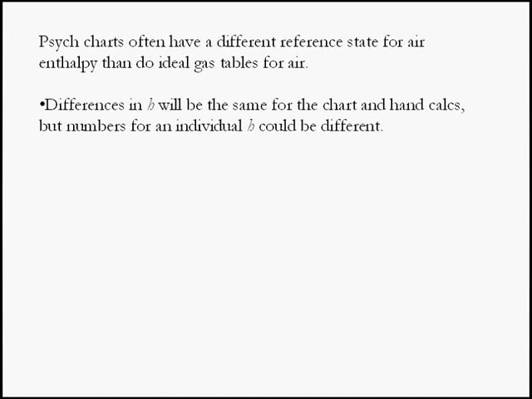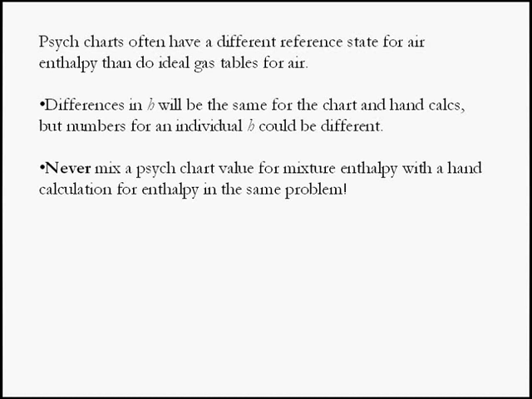So there's a huge moral of this story. If you calculate h2 minus h1 from the psych chart, you'll get exactly the same number as if you calculate h2 minus h1 by hand. The individual value for h1 from the psych chart versus the individual value for h1 as calculated by hand could and usually will be different. Okay? So that's a very important thing to understand.